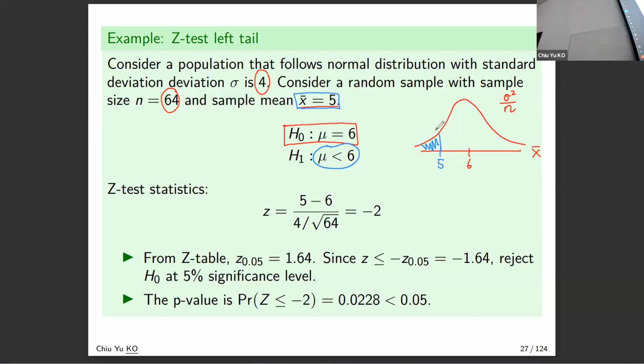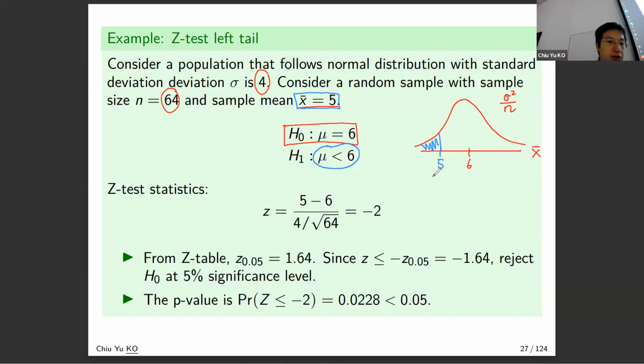The criterion we usually use is 5%. Sometimes it's 10%, 1%, but by default it's 5%, because I guess every one of us has 5 fingers. So that's 5%.